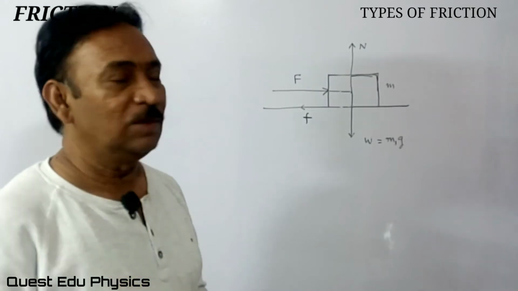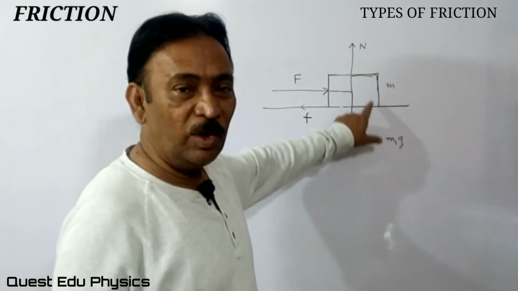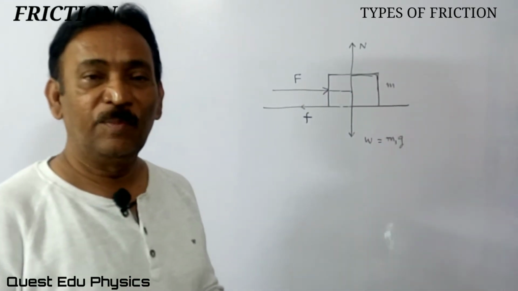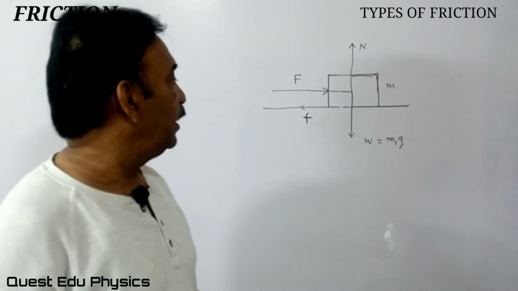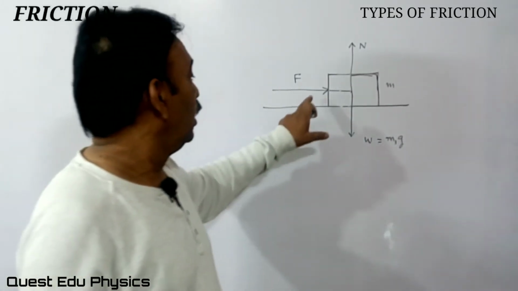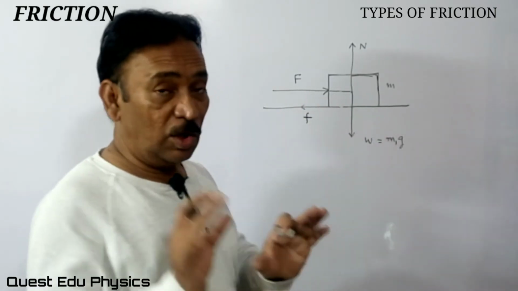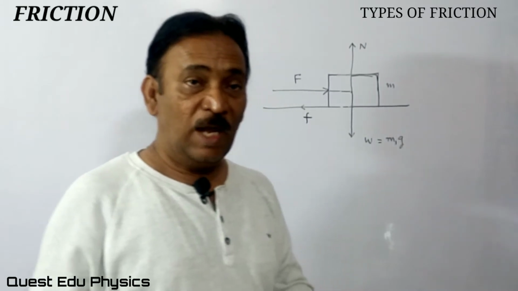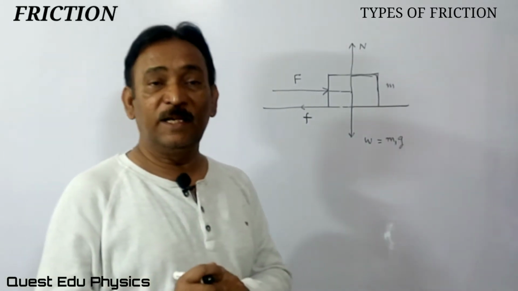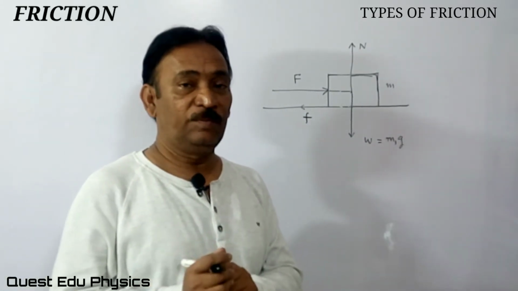The relative motion, that means the motion of a body with respect to another body, is opposed by the frictional force. I hope you are understanding what is meant by the frictional force. Now you have to remember one more thing while you are learning about frictional forces. Frictional force is a self-adjusting force.